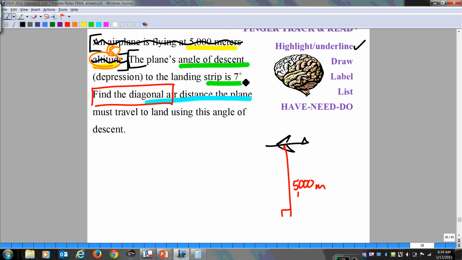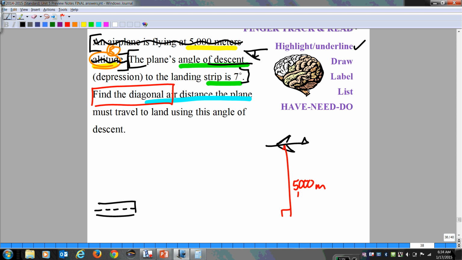Next one, chunk it. It says the plane's angle of descent, that means depression, make a little baby horizontal going down, to the landing strip is 7. So here's my landing strip. I'm going to see how you draw that. Take 10 seconds, draw that yourself.